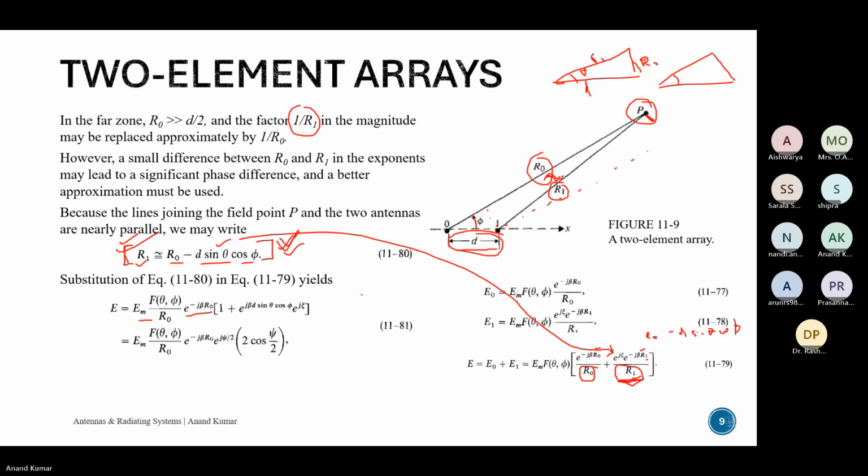And once we have written that, we can separate the e powers like this, and we can take out this particular term as common over here, and we end up with 1 plus e power j beta d sine theta cos phi and e power j xi, which is over here.